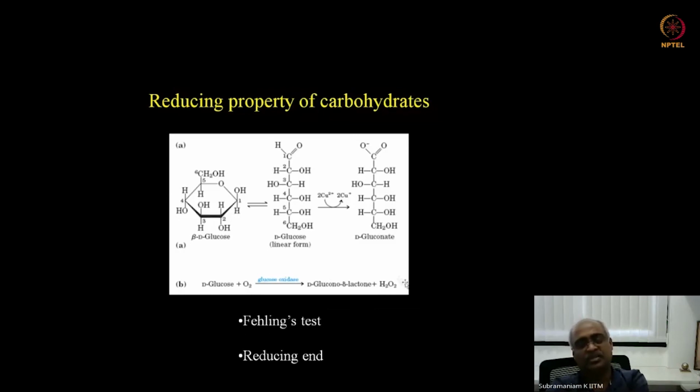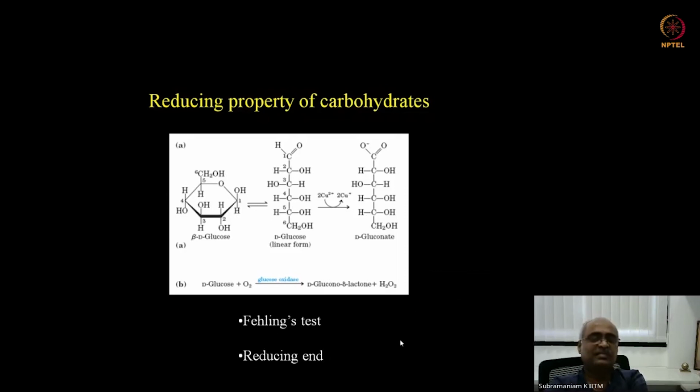And remember, I have told you about catalase and peroxidase when we were talking about the turnover number. So using that enzyme, we make a colored product, and since that enzyme has an extremely high turnover number, it's extremely sensitive. So a very small amount of glucose also can be measured using these two enzyme coupled reactions.